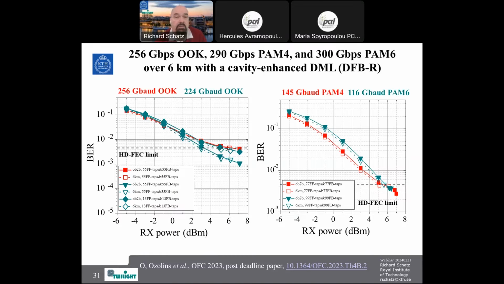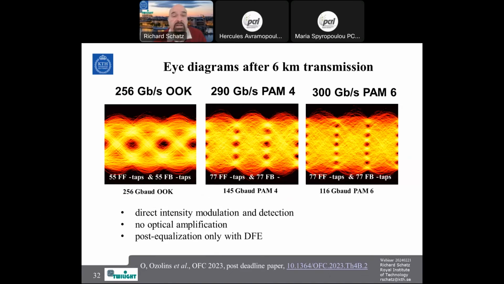And I will also show here the eye diagrams of the 6 kilometer transmission. So here you see the eye diagrams for on-off keying, for PAM4, and PAM6. I want to stress that although we didn't have any optical amplification, we had post-equalization here with DFE.